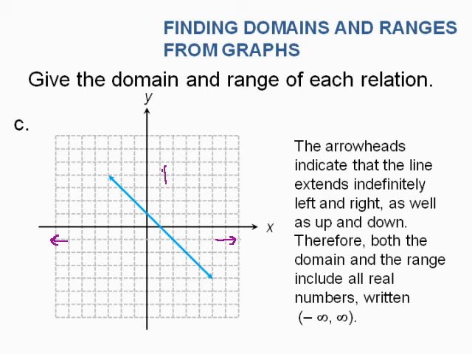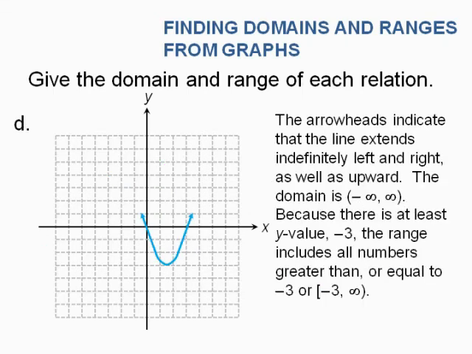And on y, similarly, this line is going to keep rising in that direction and falling in that direction. So most lines, except for the ones that are horizontal or vertical, always have both the domain and range encompass all real numbers as that thing extends endlessly to infinity and beyond, Buzz Lightyear.